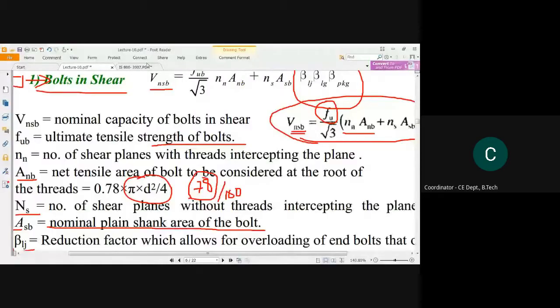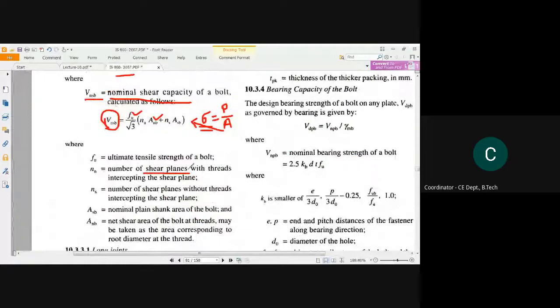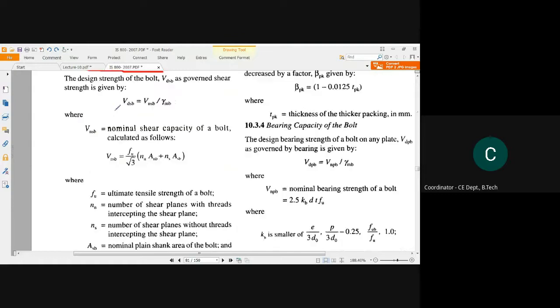Now you must be wondering, why are we calculating these two types of shear force? Why are we creating these two separate types of shear force, analyzing Vnsb and Vdsb? We have understood that n represents nominal and d represents design.